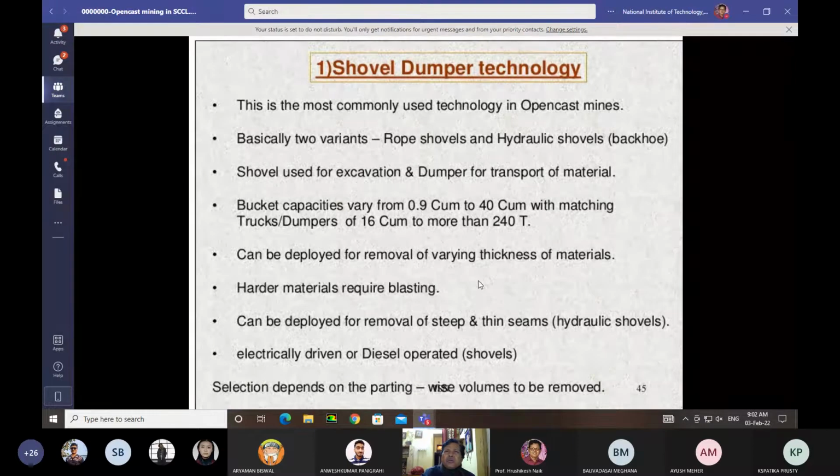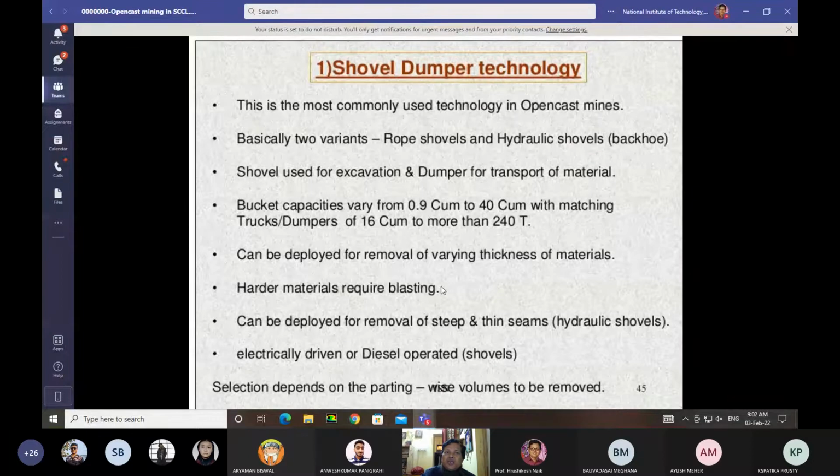And this technology is basically used for hard materials where you need blasting. After the blasting, the shovel has to excavate the material and load it to the dumper.